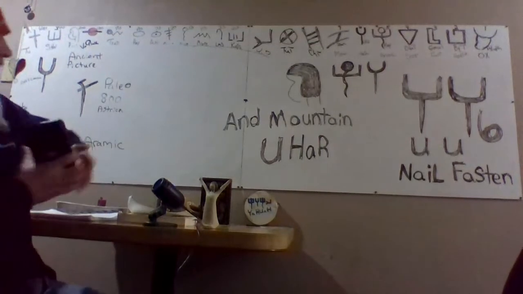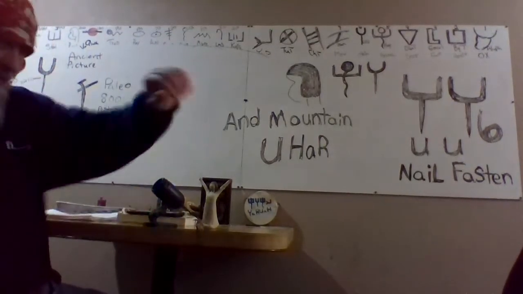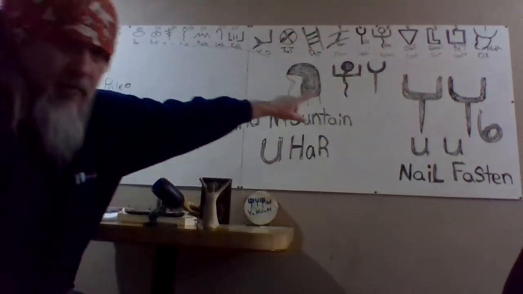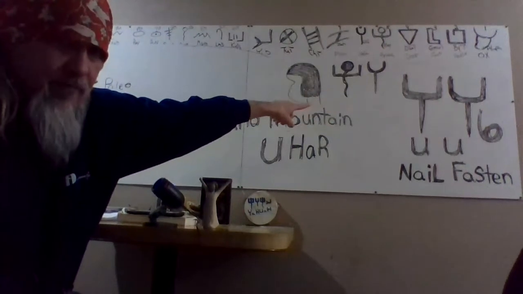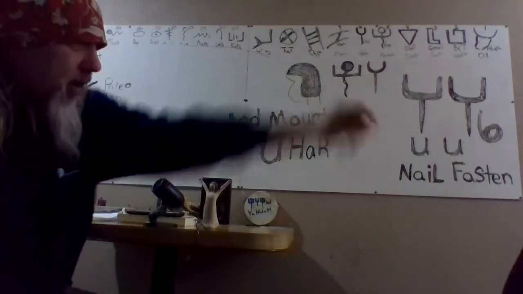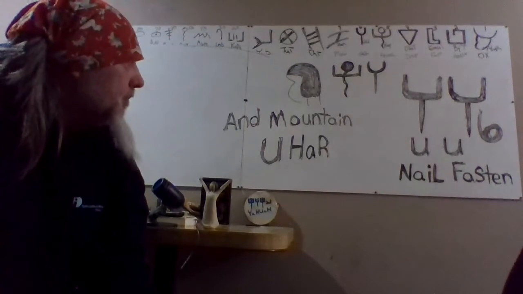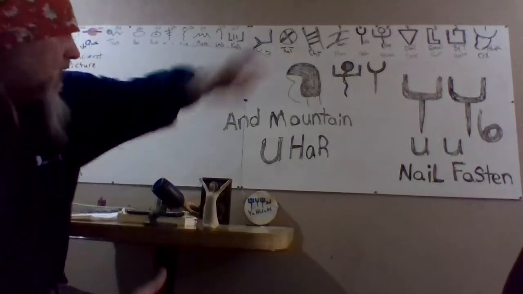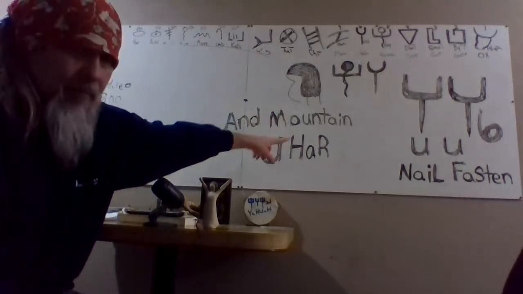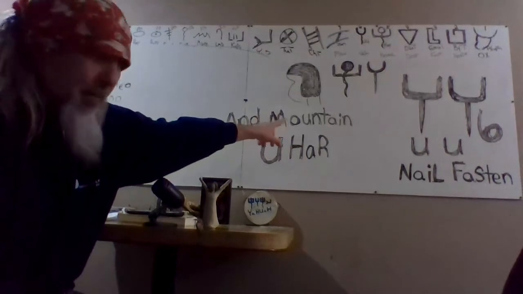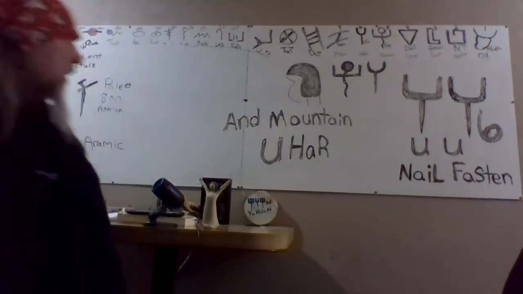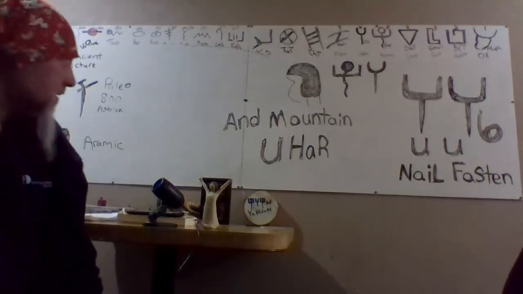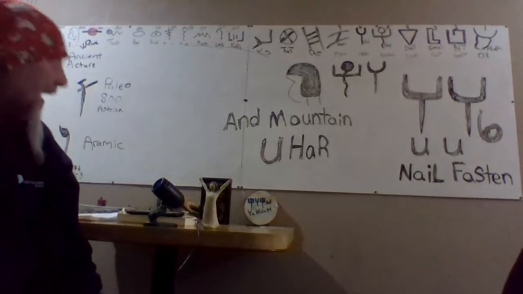So I have the word that I chose to use, har. If we look here, we have the Hey Rosh. This is the word mountain, har. If you put the U in front of it as Uhar, it becomes "and mountain." Not the mountain, but "and mountain." This is very important to understand about how the letter U is used as a prefix as the word and, or to add.